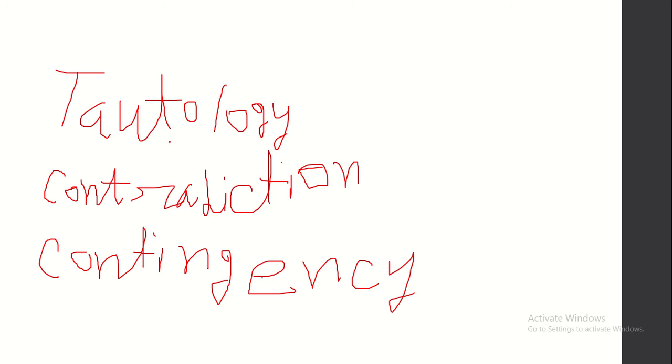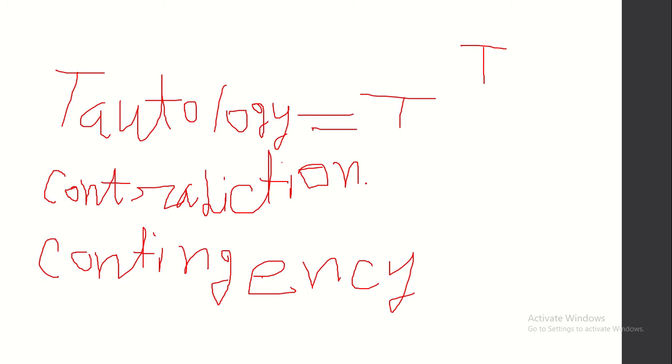A logic is a tautology if for all the possible inputs it always gives us true as output. That means whatever input I give, it will always return true. So if all the outputs of a proposition are true, then we say that the proposition is a tautology.